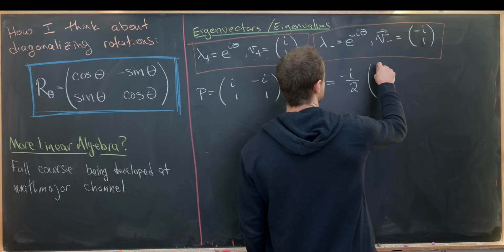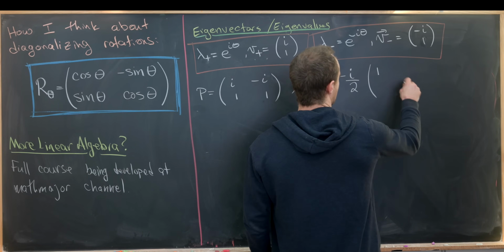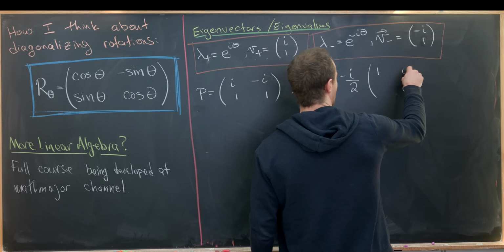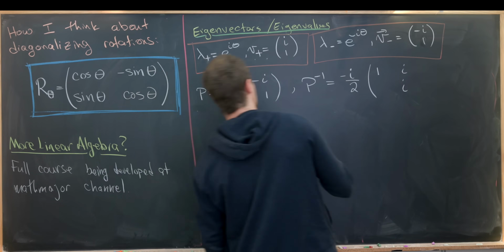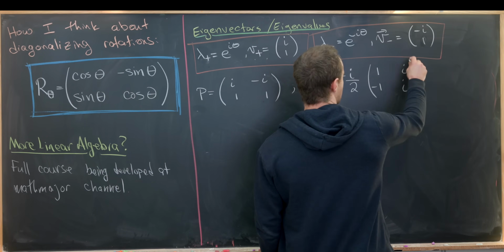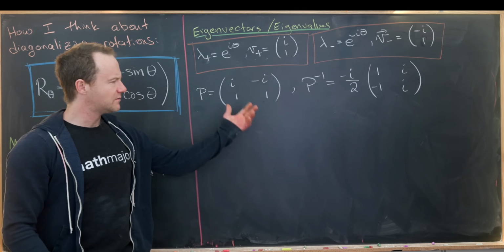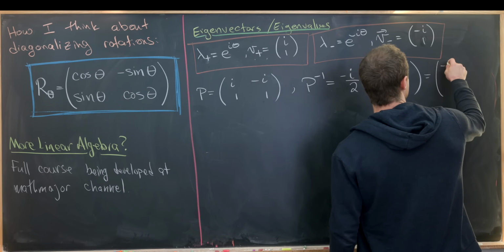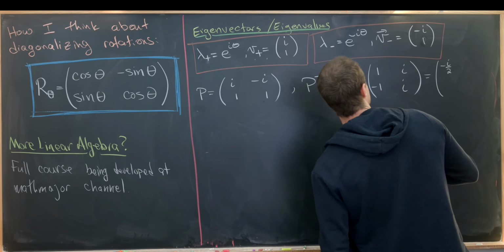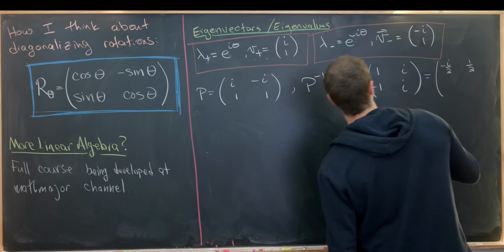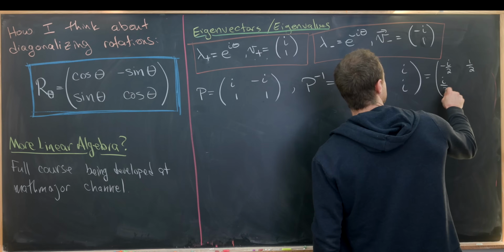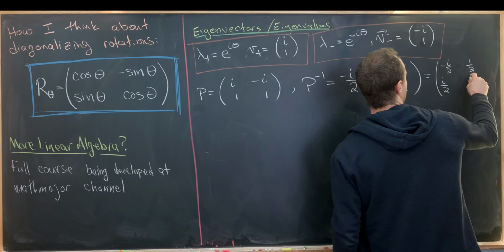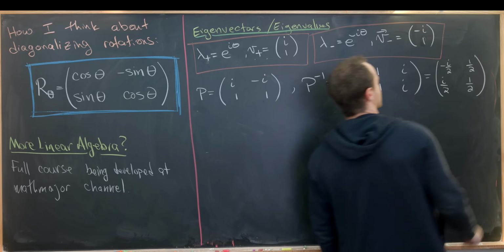So that's going to give us a 1 here, an i here, and then we negate the off diagonal. So that'll give us an i here and a -1 here. Then maybe we'd like to multiply this through a little bit. So that's going to give us -i over 2 here, 1 over 2 here. We have i over 2 here, and then another 1 over 2 here.